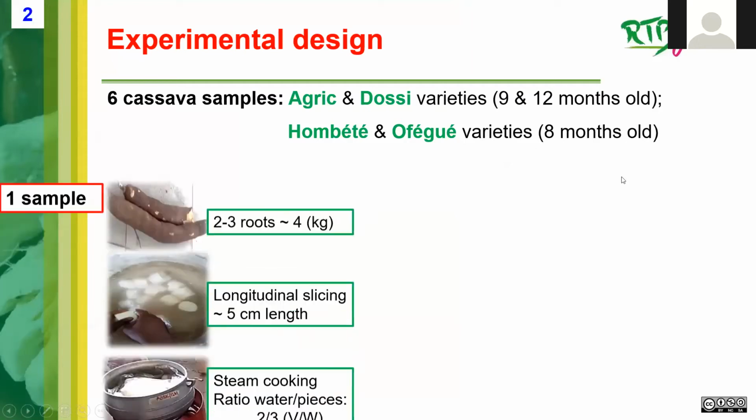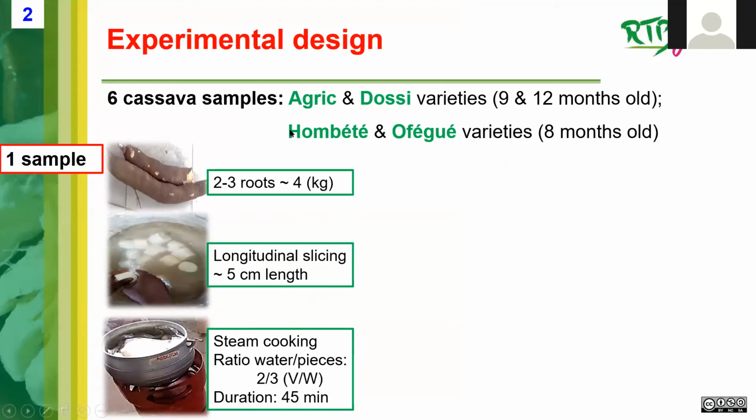So to each sample, the following experimental design was applied. We take 2 to 3 cassava roots with longitudinal slicing and steam cooking for 45 minutes, using a water to cassava piece ratio of 2 to 3.